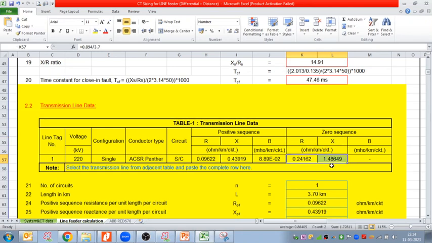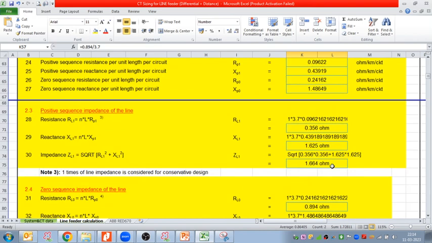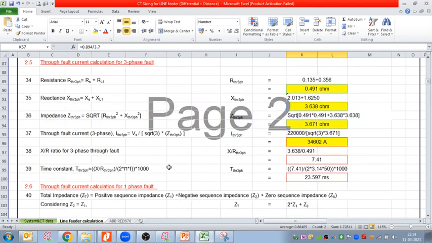That's why the zero sequence impedance would be higher, and because impedance is higher, the single phase fault current value will be lower. Just to show you, three phase fault, 34.602 here we are getting.